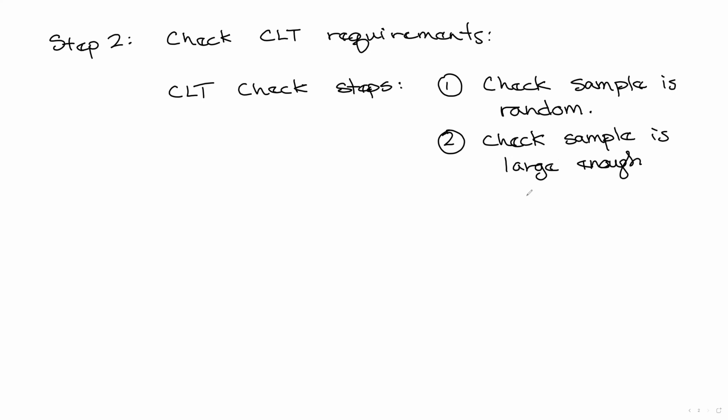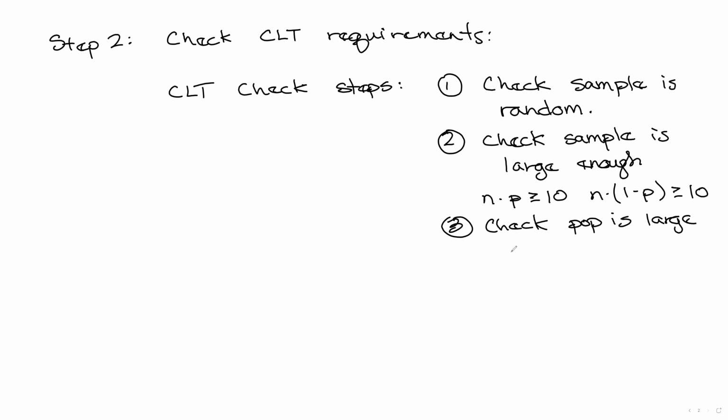And the way that we do that is by doing the sample size times the probability from the population is greater than or equal to 10, and then the sample size times 1 minus the probability of the proportion is greater than or equal to 10. And then 3, you've got to check that the population is large relative to the sample.